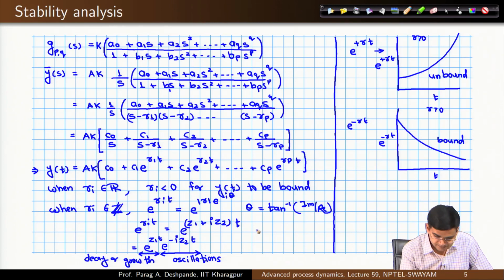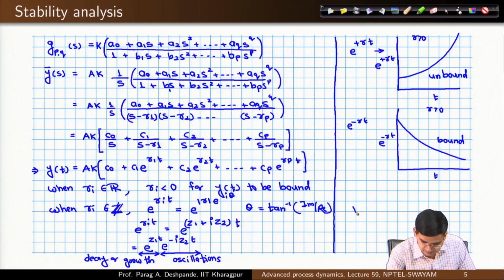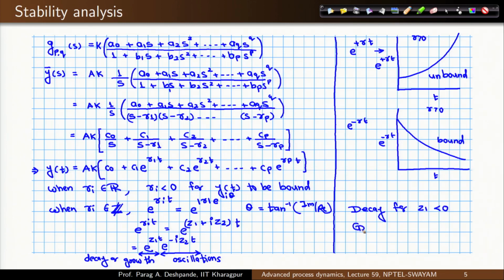So, therefore, you will have decay for z 1 less than 0 and growth for z 1 greater than 0. Why? Because you have e to the power z 1 t, same thing which is there on the figure on the right hand side. Okay.